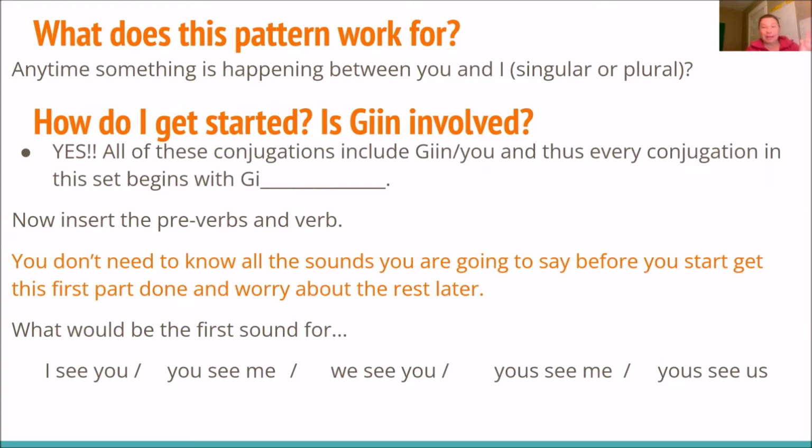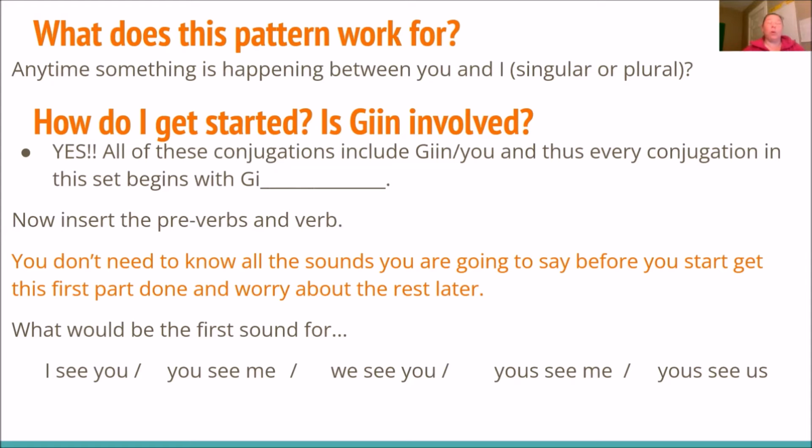And for all 8 of these, we know that they are, because it's interactions between you and me. And so they actually are all going to start with ge. So I to you, is there a you involved? Yes, starts with a ge. You to me, is there a you involved? Yes, starts with a ge. We to you, is there a you involved? Yes. And so they all just start with a ge.